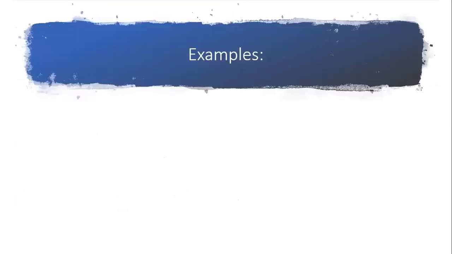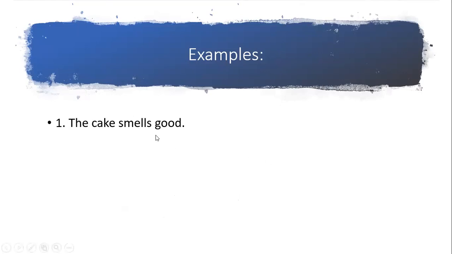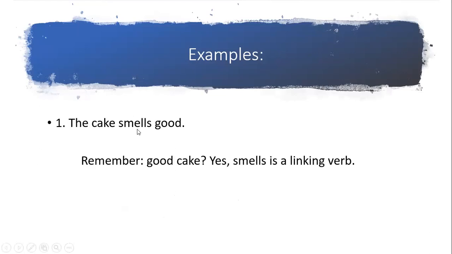Okay, so let's work with some examples. Are you guys ready? Jirem, are you ready? I hope so, Pumpkin. Okay, so number one, the cake smells good. We identify the verb smell, and again, it's written on the list.